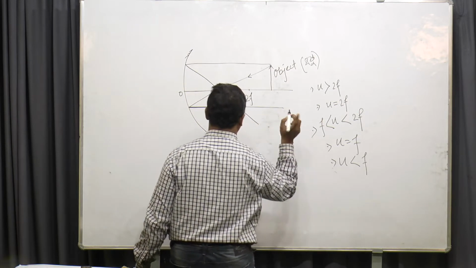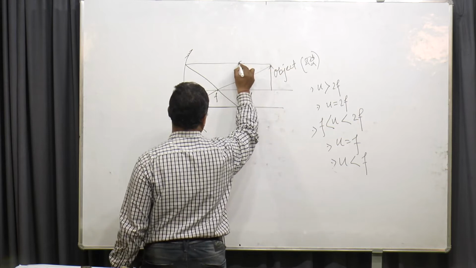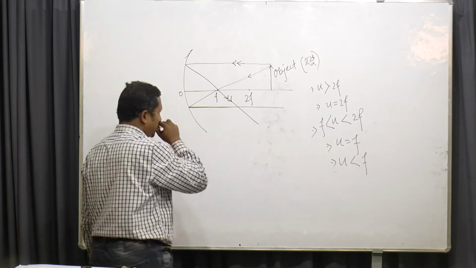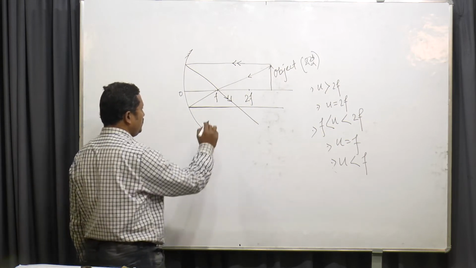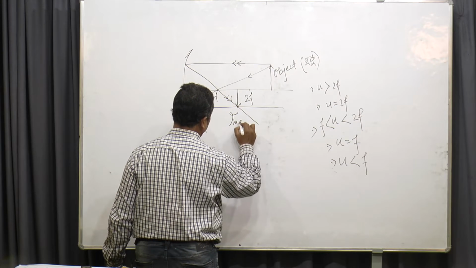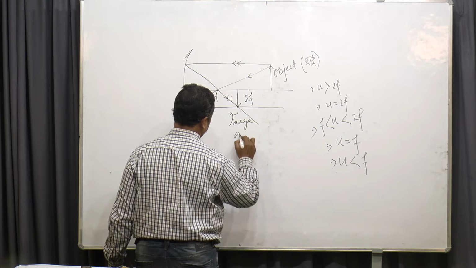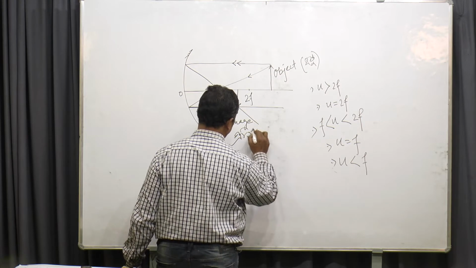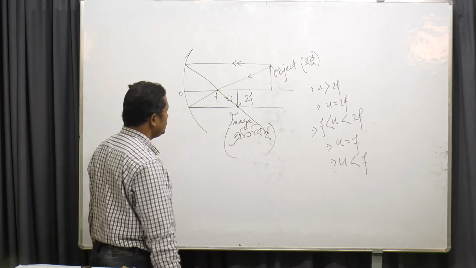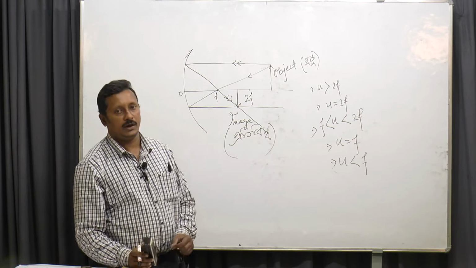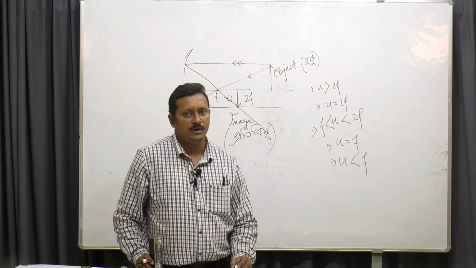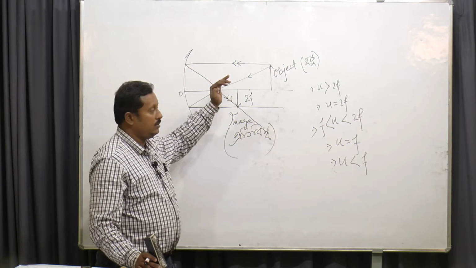Okay, one rule. Second rule, the ray coming parallel to the axis after reflection passes through the focus, and where they meet, that intersecting point is the image. This is my image. So this is the easiest way to make an image of an object in case of a mirror. This is the basic rule.